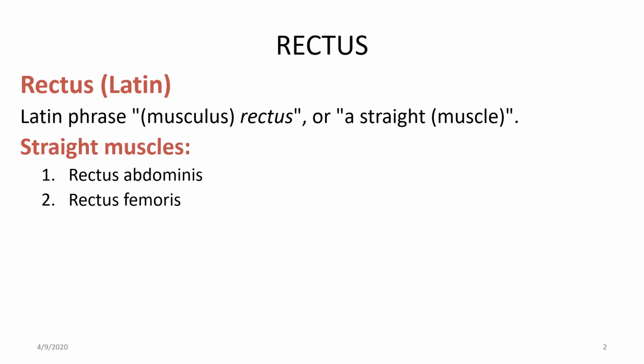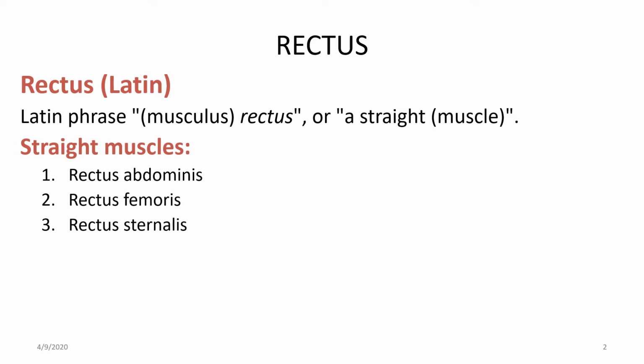What are those four heads? One is the vastus medialis, then vastus lateralis, vastus intermedius, and the rectus femoris. So the straight muscle on the front of the thigh is the rectus femoris.